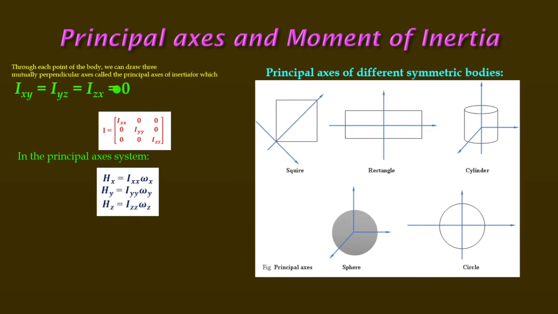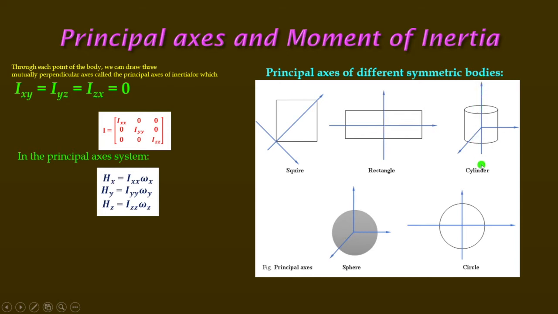And for all bodies there is a principal axis. For a square, this is the principal axis. For a rectangle, it is these two axes, parallel to the base and parallel to the height, passing through the center.